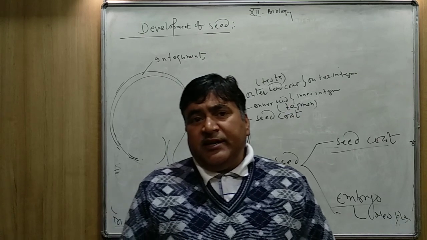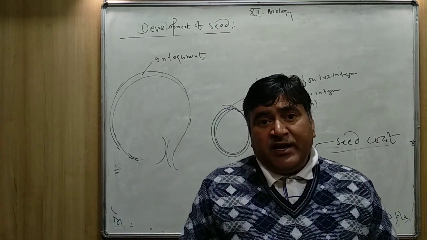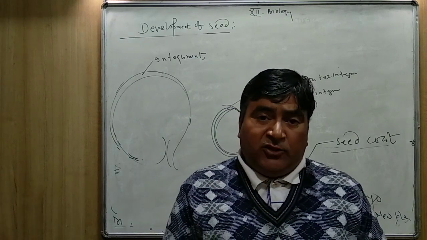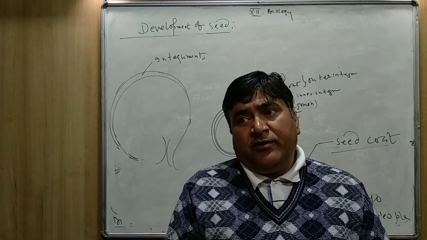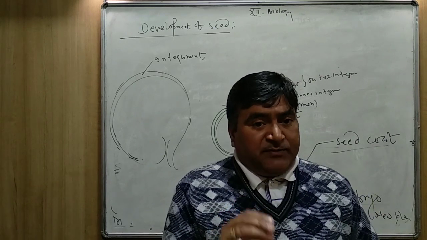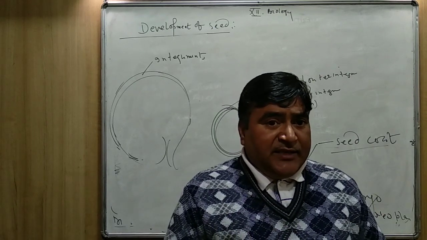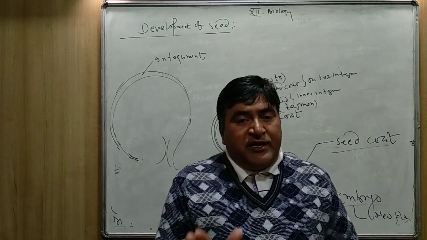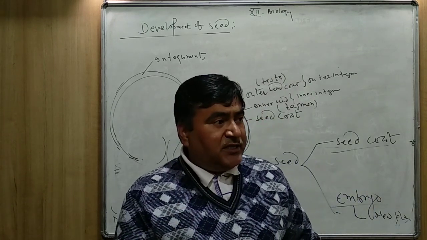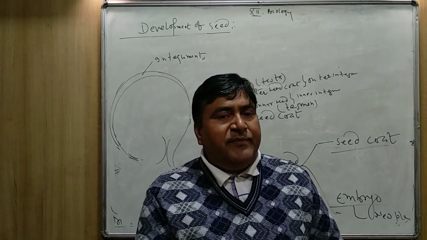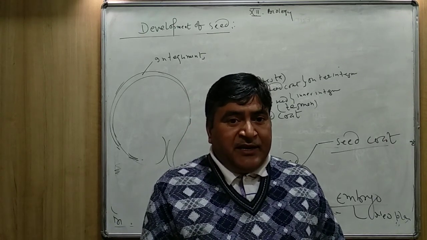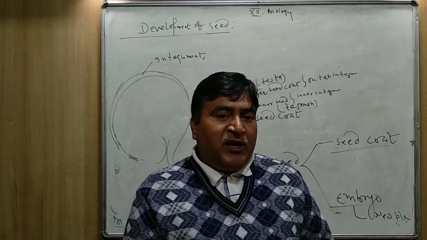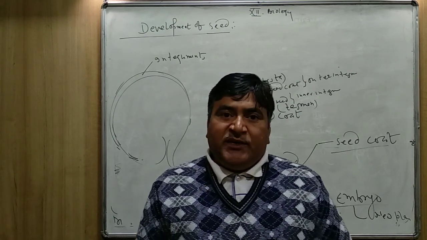The endospermic seeds are also known as albuminous seeds. The endospermic or albuminous seeds are those seeds having endosperm. Means in such type of seeds, the endosperm is not completely utilized during the process of embryo development, and the remains of endosperm are present even after the seed formation, and such seeds are called albuminous or endospermic seeds.